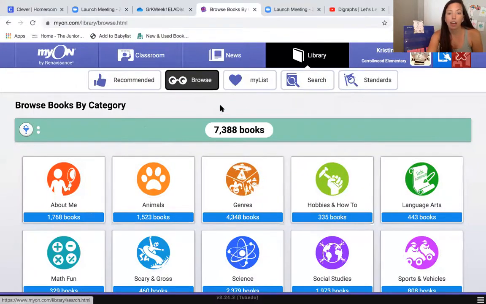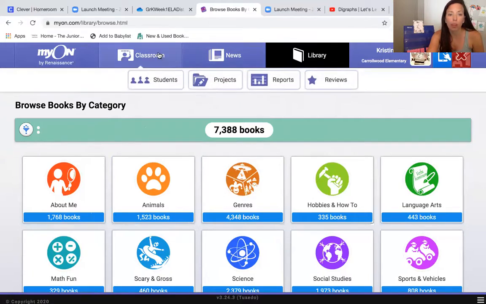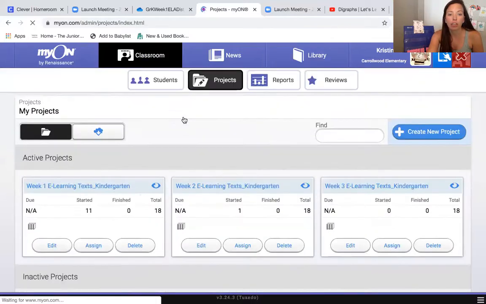Something I was telling some of the parents last night in our little help meeting is when you go onto MyOn, if you're having trouble finding the books, if you go to your first page on MyOn, you should have a button that says projects. If you click on projects, yours is going to look different than mine because mine's a teacher page, but it should say week 1 e-learning texts, week 2 e-learning texts.